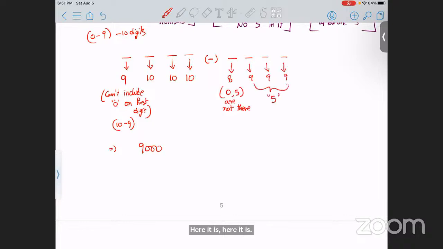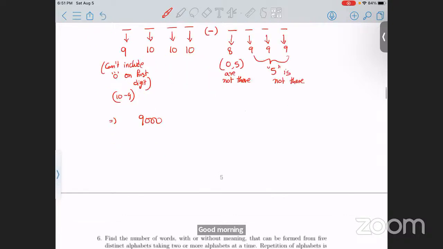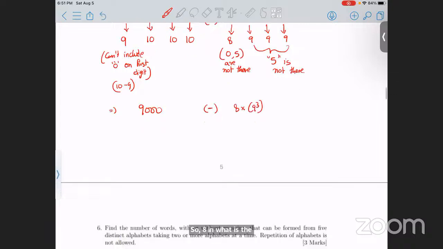Because 5 can't be included. So minus 8 into 9 cube. 9 cube is 729, and 8 into 729 is 5832. 9,000 minus 5832. The answer is 3168. Okay.